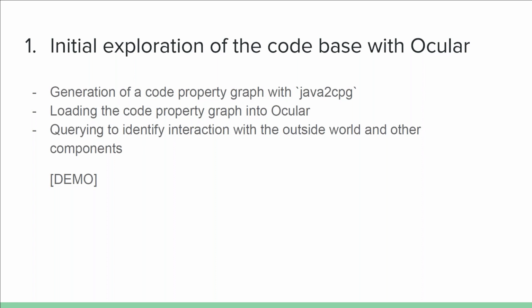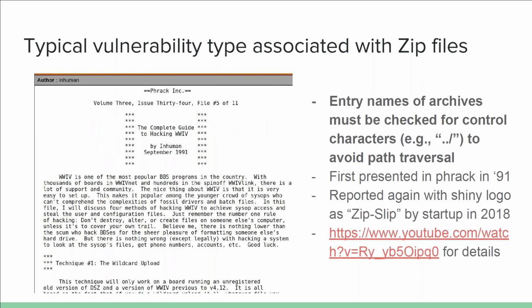All right. So with that, since we saw that the Java util zip library is used, we can go ahead and look for typical vulnerabilities associated with the handling of zips.